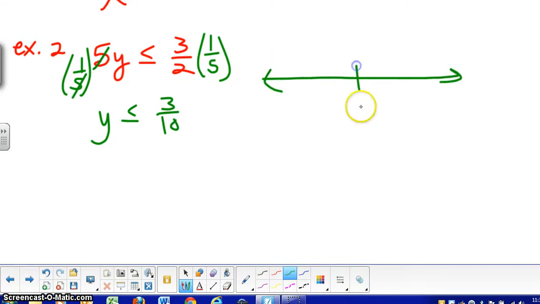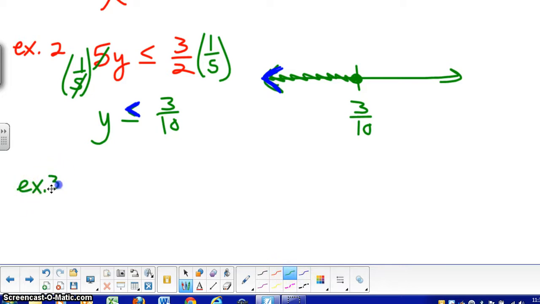So on your graph, I'm okay with you putting 3/10 underneath the graph itself. Again, closed dot, and again to the left because of the less than sign. Now keep in mind, when you are looking at the symbol, if the y is on the left side, if it looks just like this, the arrow is going to be pointing in the same direction when you go to the graph. So just keep that in mind, and I'll bring that up again.